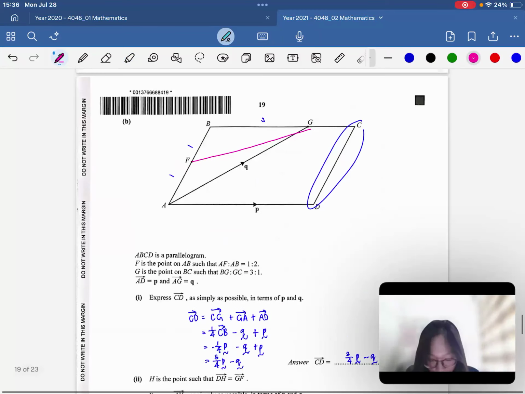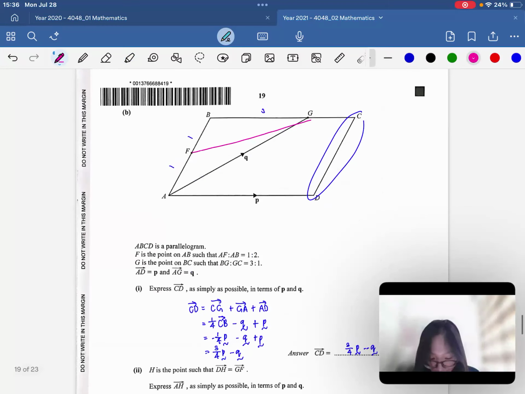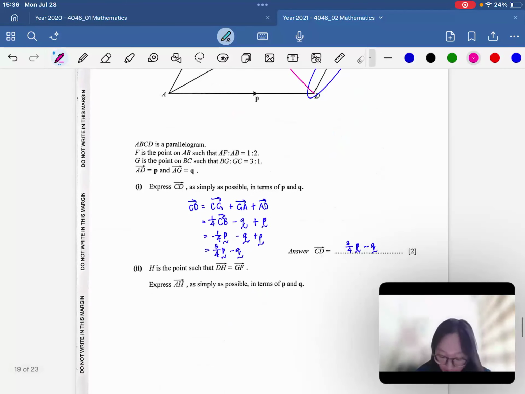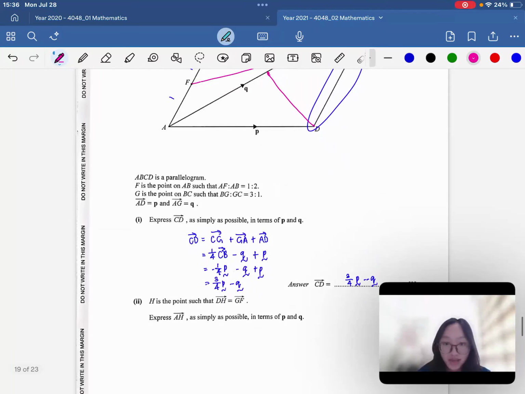We don't know where H is. DH is equal to GF. Okay, I think H would probably be somewhere here. Let's say H is somewhere here. So express AH as simply as possible in terms of P and Q.